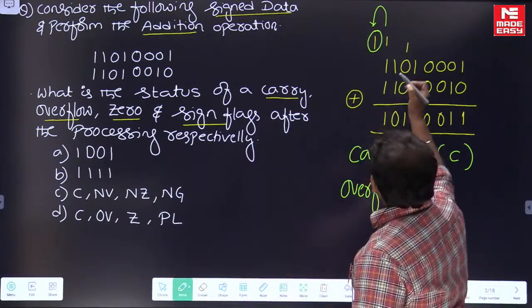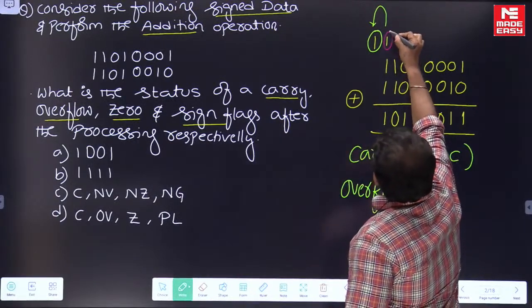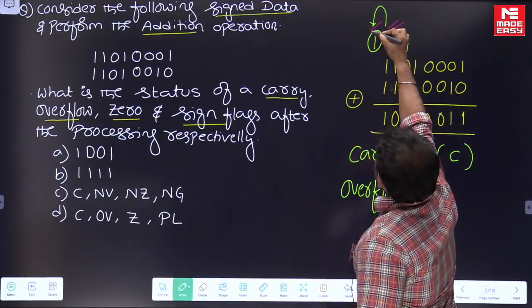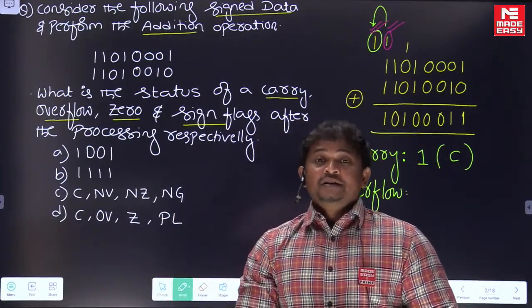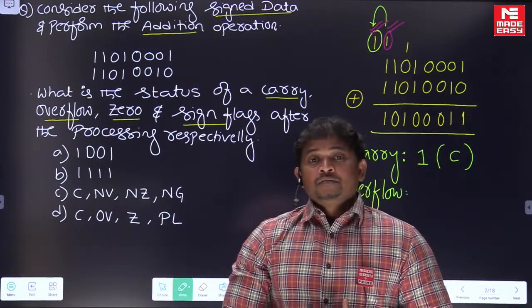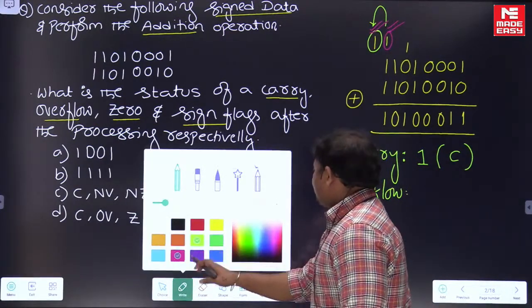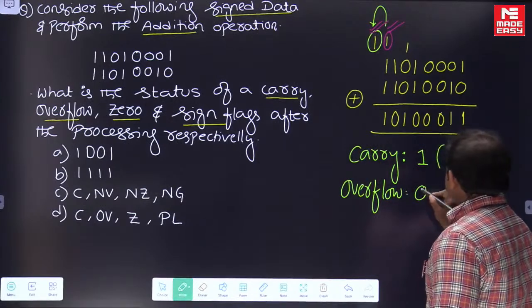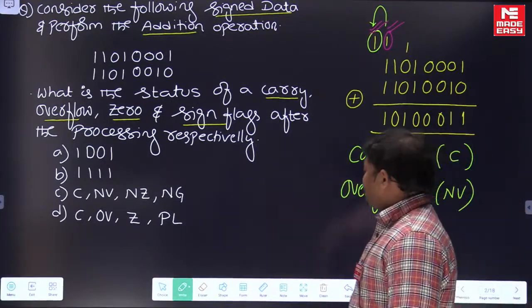Now see this. Here there is a carry into the MSB and also there is a carry out of the MSB. So the condition is false. Therefore the flag is reset. So the overflow flag is 0, reset. The reset character representation is NV, no overflow.